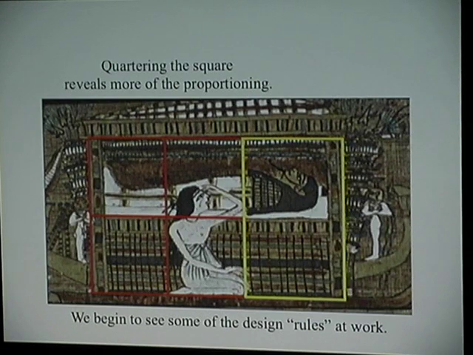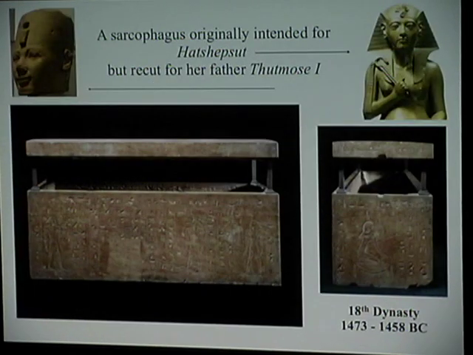And quartering the square, very simple, not esoteric geometry here. Quartering the square shows us how these design rules are coming into play. And I could have taken this further too to show you more of it.